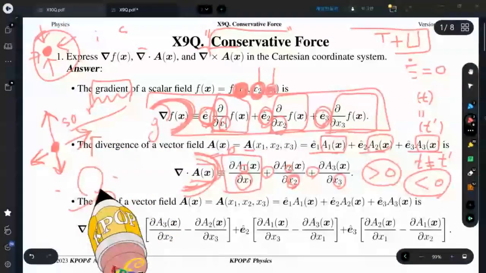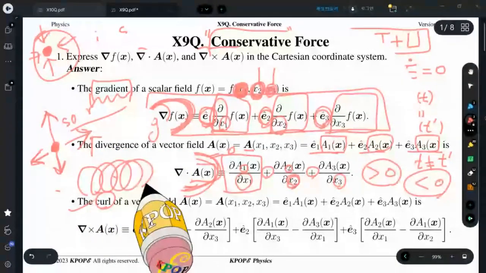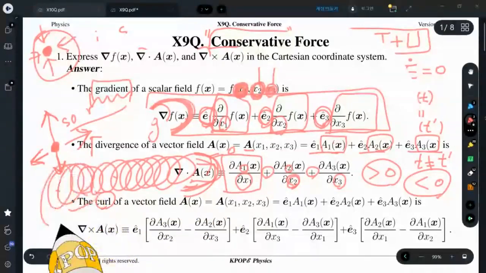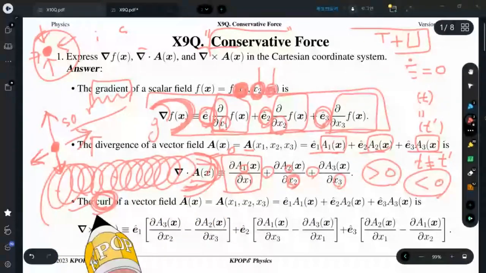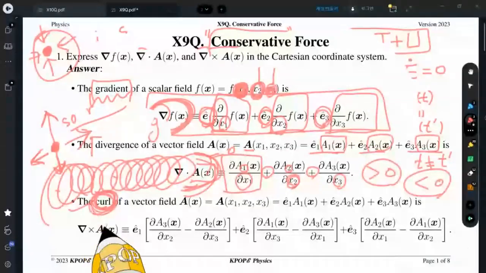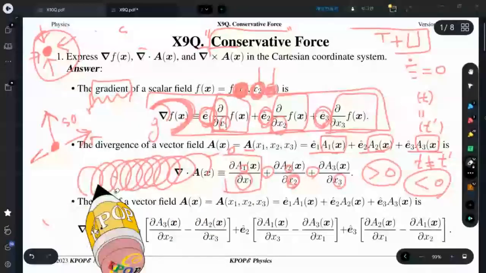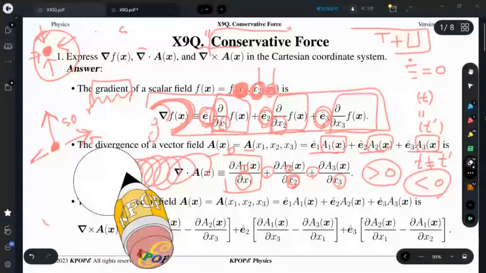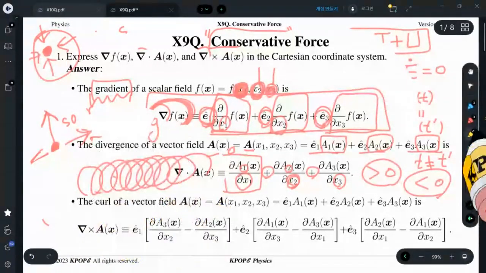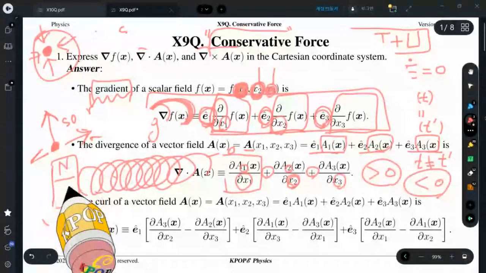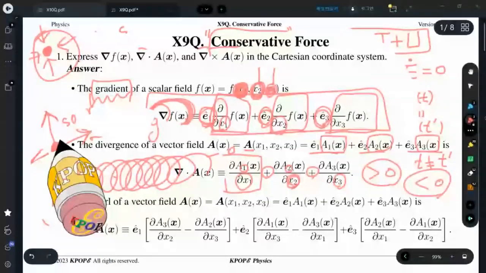Curl is a winding. Curl is a rotating. In nature, mathematics doesn't know why. Do you know why the magnet generates a magnetic field?